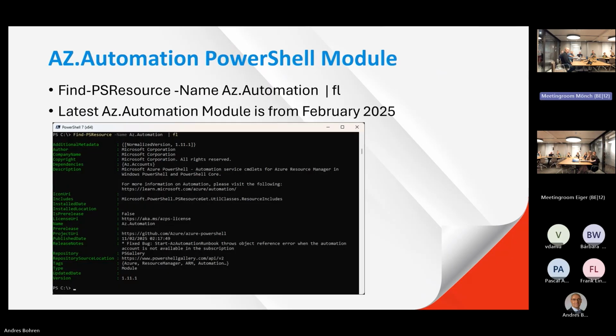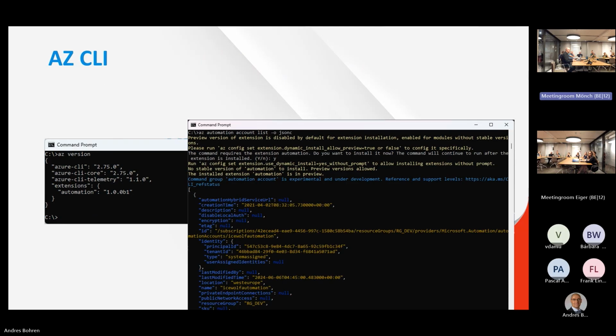Let's have a look at the PowerShell module. You see the latest Az.Automation module is still from February this year, so it's a little bit old. And maybe that's the reason why it doesn't support all the new stuff. So let's wait and see when the next module will arrive. I also did some stuff with Azure CLI.